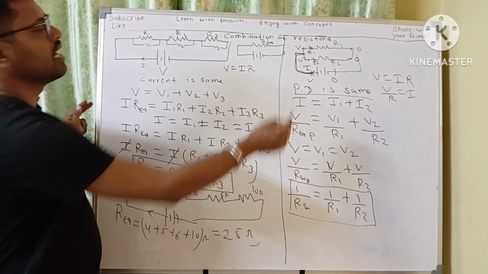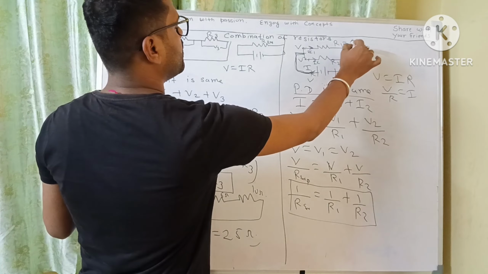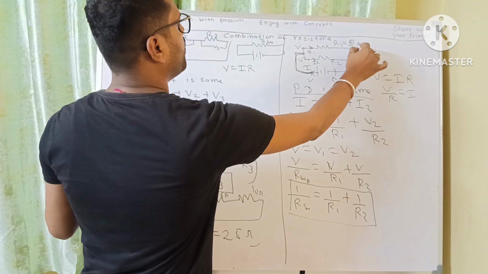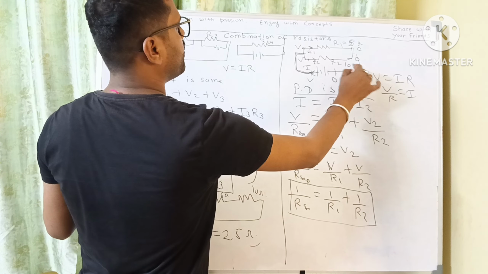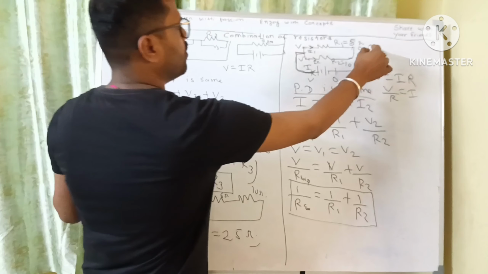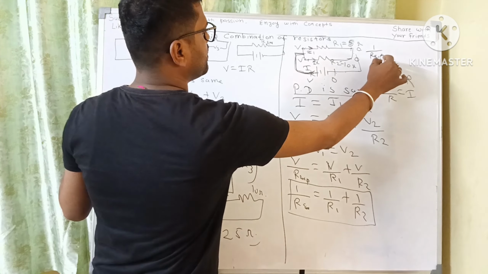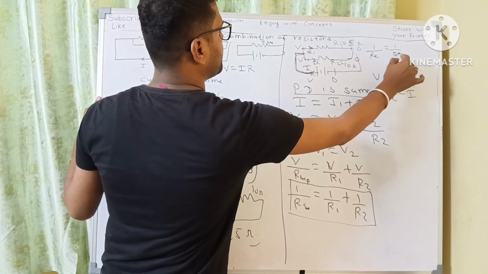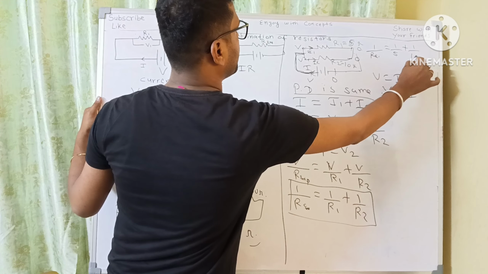Here only, let's say R1 value is 5 ohm and this one is 10 ohm. So how to find R equivalent? Using this formula, 1 upon R equivalent equals 1 by 5 plus 1 by 10.